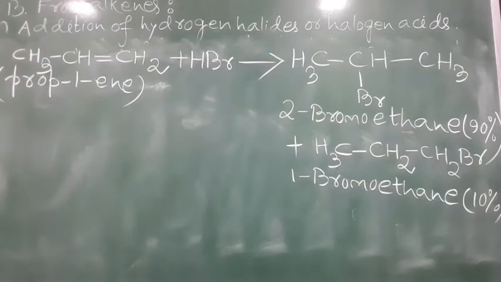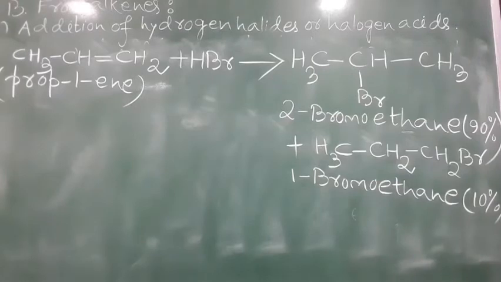So we can understand from this reaction, students, that when a polar reagent, example HBr, is added to an unsymmetrical alkene, the formation of product takes place according to Markovnikov's rule.